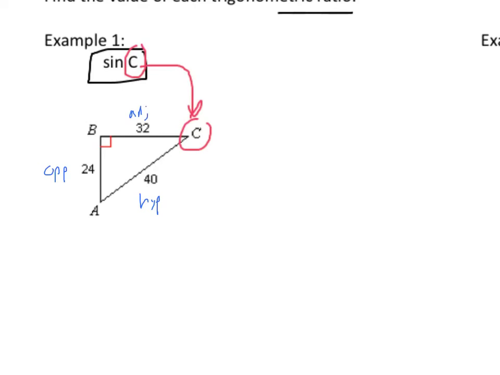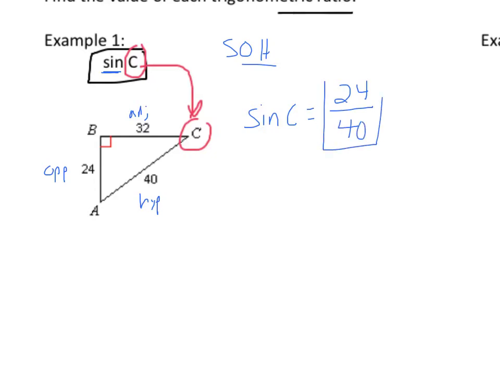Now from that point on we ask what trig function do they want us to use, and it's sine. Sine C is equal to, now remember SOH, which uses opposite over hypotenuse in that order. So opposite would be 24, hypotenuse is 40.